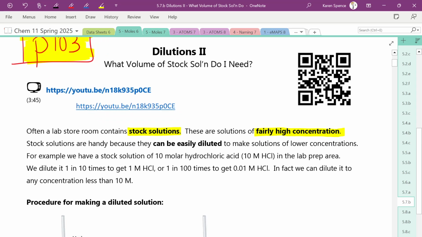They're really handy because it makes it easier to make more dilute solutions by just taking the stock solution and adding some water rather than having to measure out the mass, like you did in your procedure, transfer the mass, add the water, swirl, swirl, swirl.